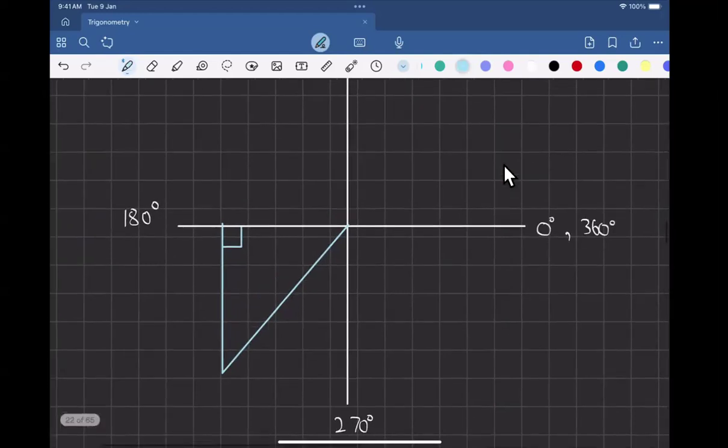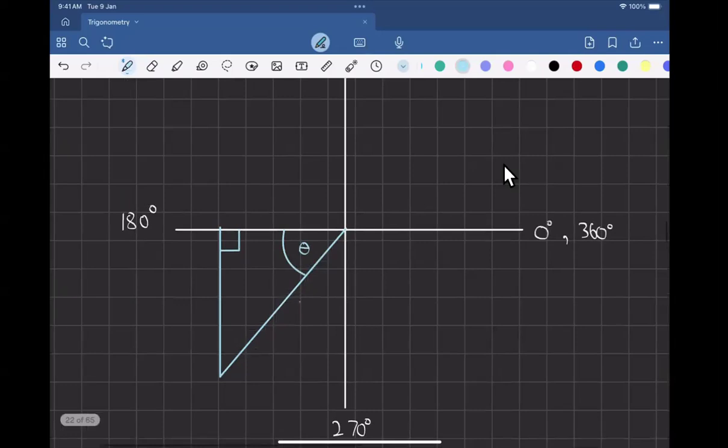And when you're doing these questions, the angle is always over here. So if my angle is over there, I'll label my triangle now. What would this be? The hypotenuse. Come on, Nicholas.